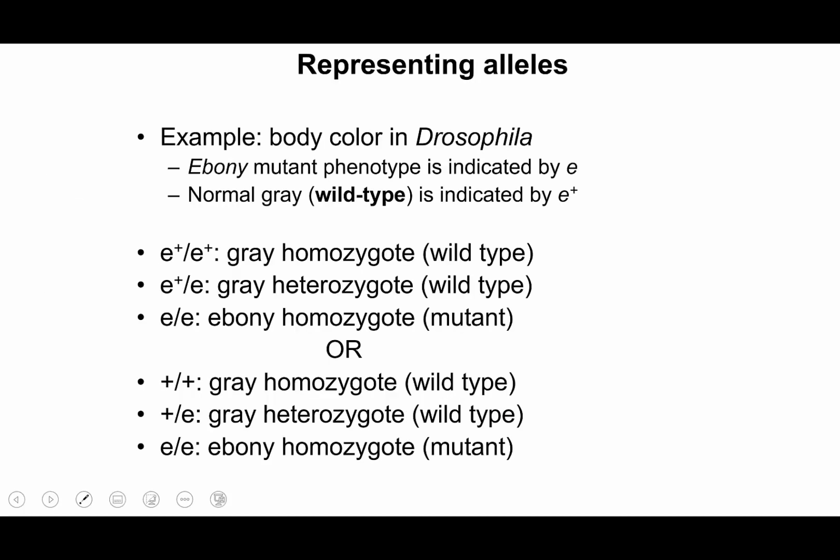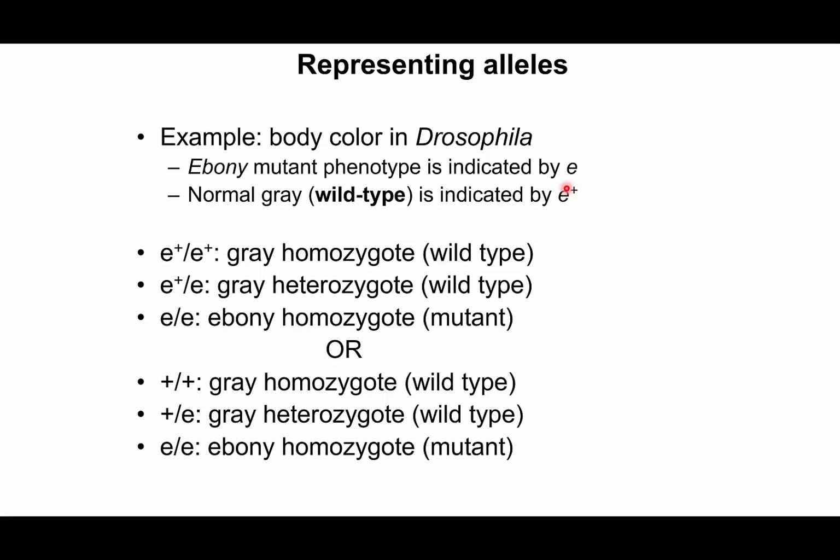As an example, let's look at a gene that encodes for body color in Drosophila, which is the fruit fly, and we could have what we call the ebony mutant that makes that fly black. The normal would be gray. And we denote this wild type generally with a plus.